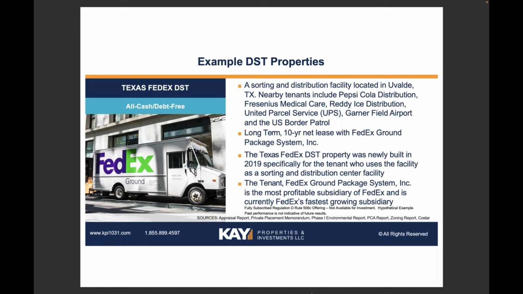And we saw that with some DSTs, I think it was 4 or 5 years ago, whereby it was an investment grade tenant, but because of a large acquisition that tenant made that made sense for their business model, the ratings agencies, because of that increased debt, actually dropped them below investment grade credit rating for a short period of time. And when that happened, it triggered a cash flow sweep with the lender, where instead of the monthly rent going to investors on the offering, it had to go to the lender into a lockbox.